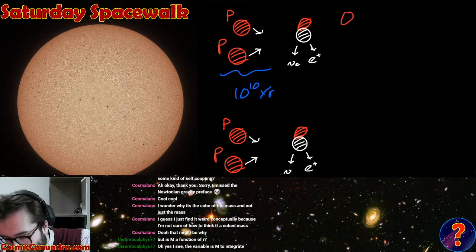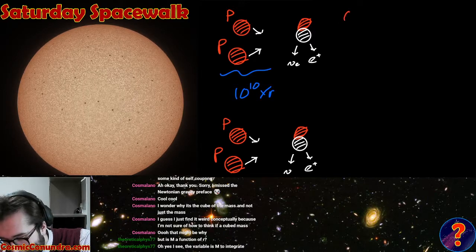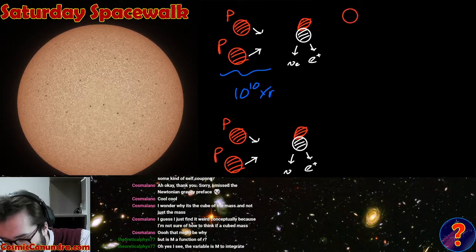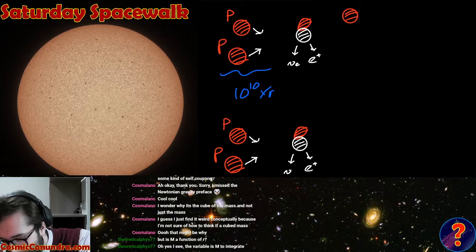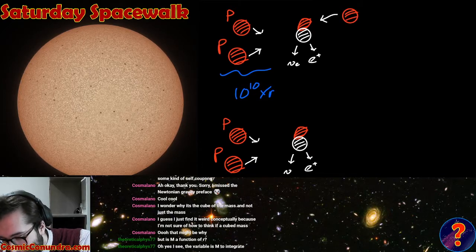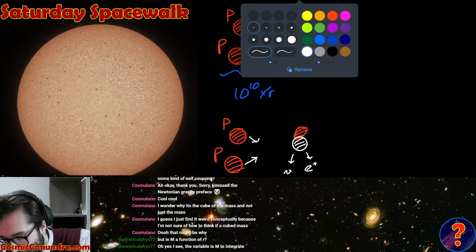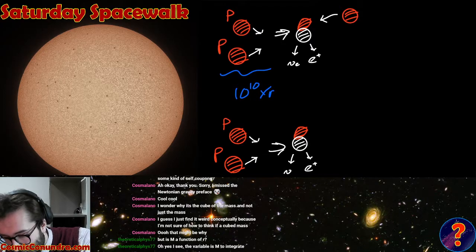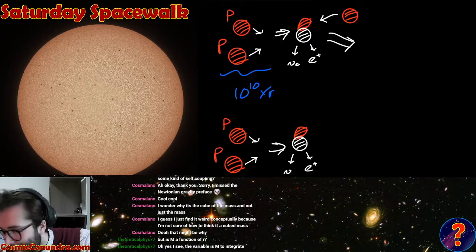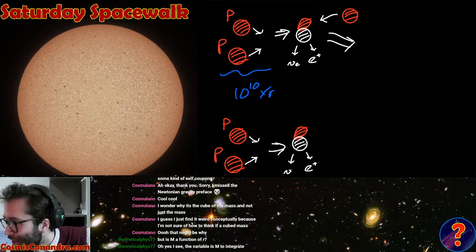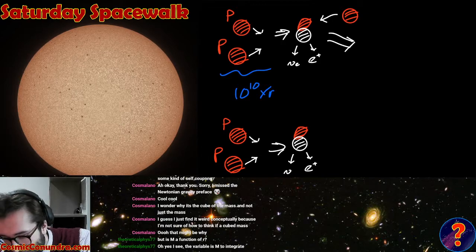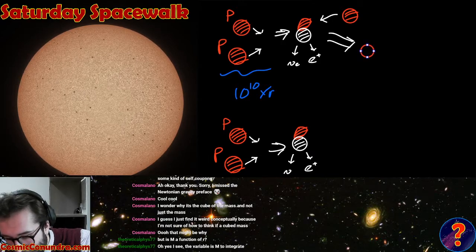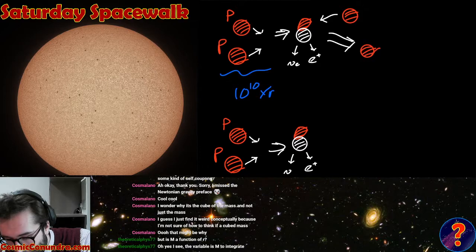And if we combine another proton with this deuterium nuclei, then what we get out, I should draw an arrow here to show this is a product, as a product of combining another hydrogen nuclei with this deuterium nucleus, we get a helium-3 isotope.